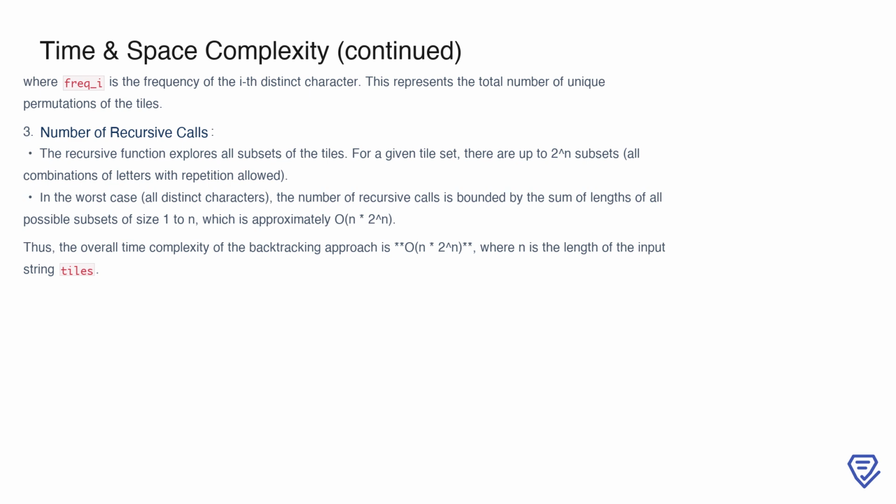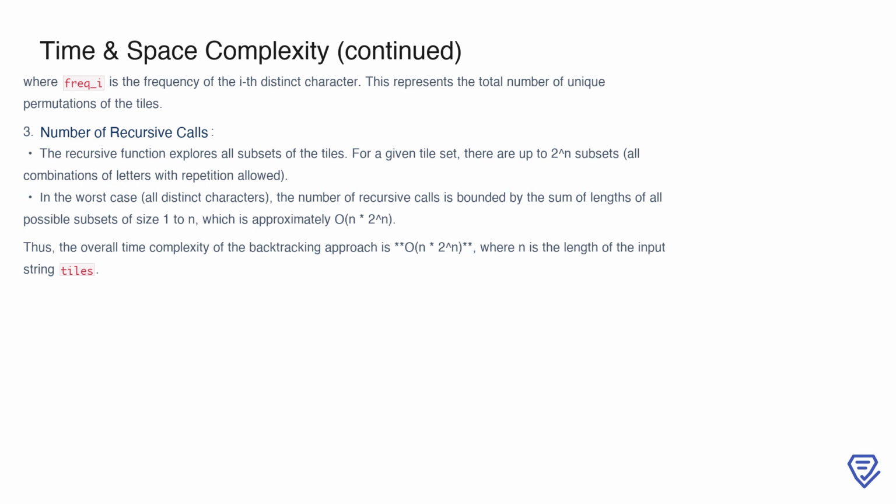Now, consider the number of recursive calls. The backtracking algorithm explores all subsets of the tiles. For a given set of n tiles, there are up to 2 to the power of n possible subsets, since each tile can either be included or excluded in a subset. In the worst-case scenario, where all characters are distinct, the number of recursive calls is proportional to the sum of the lengths of all subsets of size 1 to n.